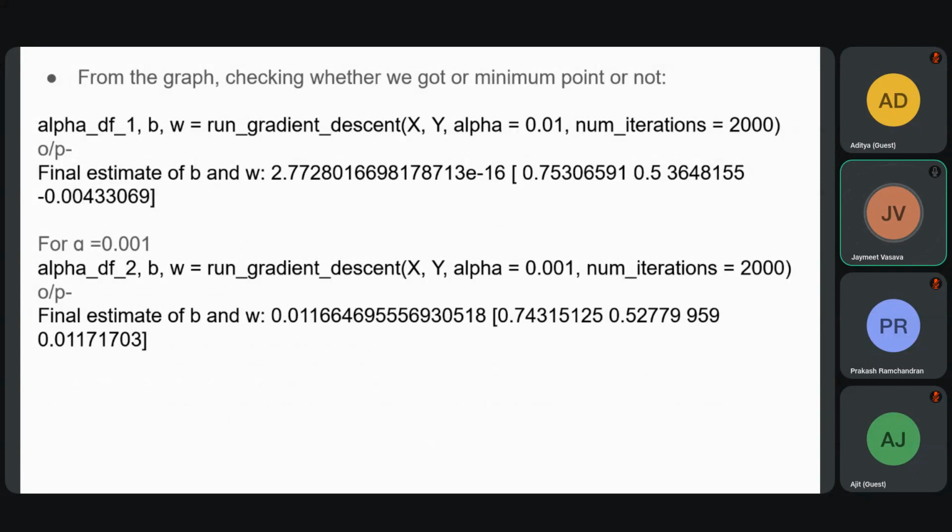We'll be using the learning rates of 0.01 and 0.001, and this is what the code of the first and second line says. And also the number of iterations is 2000 this time.